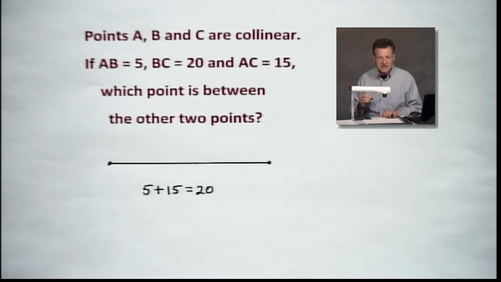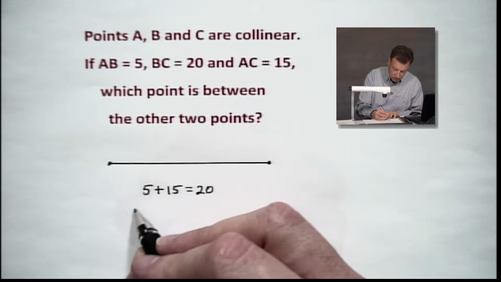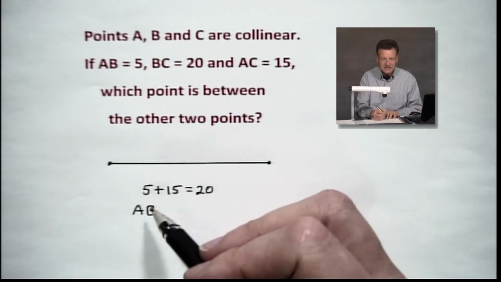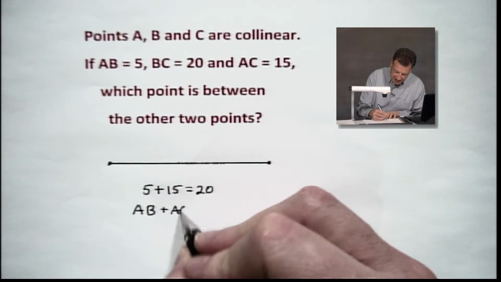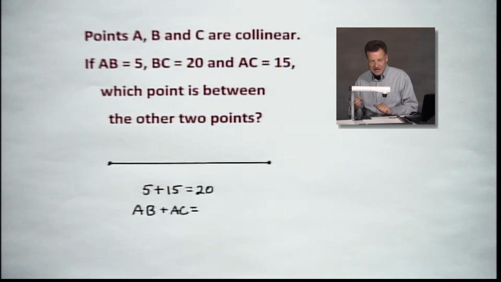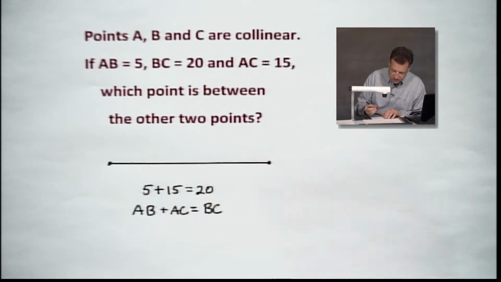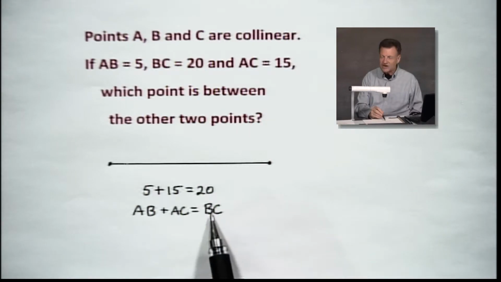It is. Now, right underneath here, we're going to put AB because that corresponds to the 5. We're going to also put AC, which corresponds to the 15. Then we've got BC out here that corresponds to the 20. What this just told me is a very simple concept.